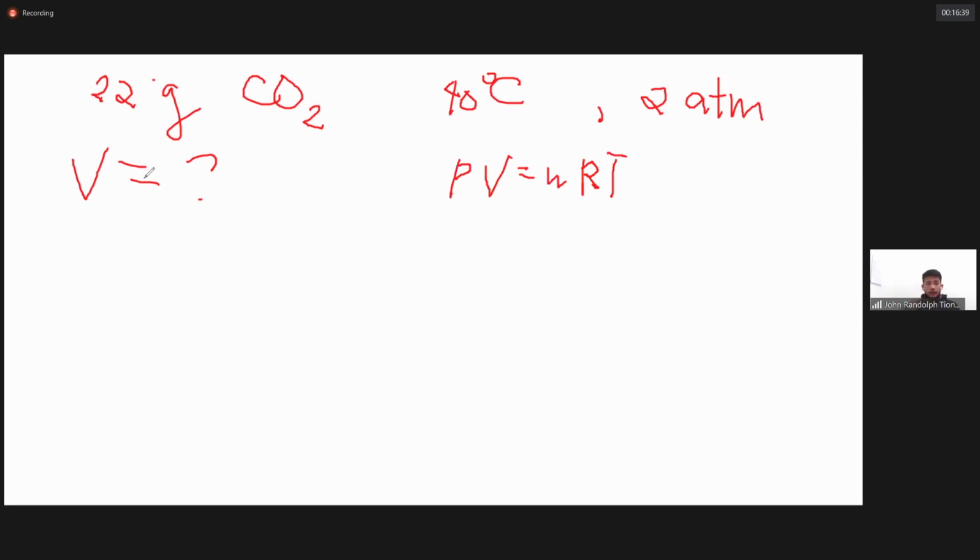So ang first na isolve dyan, yung temperature. Convert mo na yung temperature. What is the value of its temperature in Kelvin now? Kasi we have to use the absolute temperature.